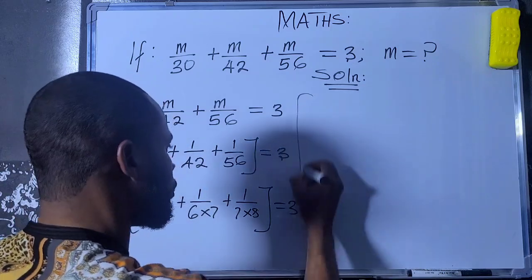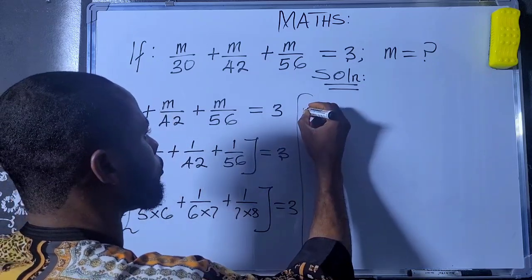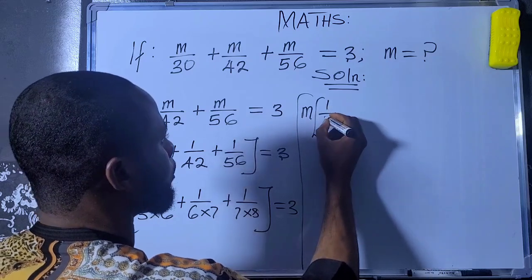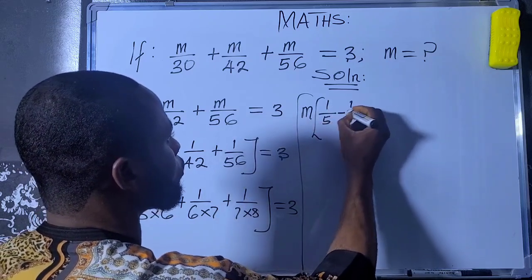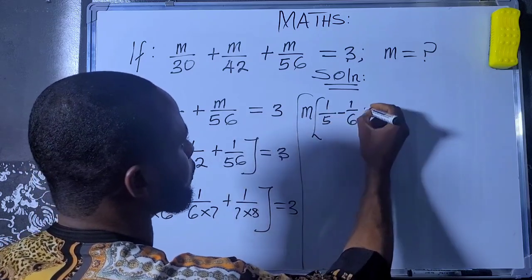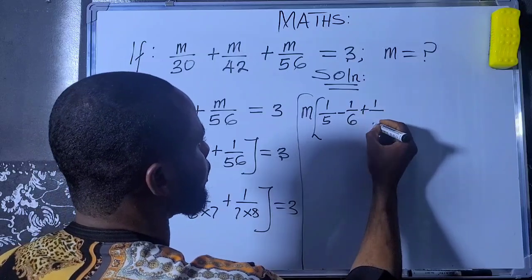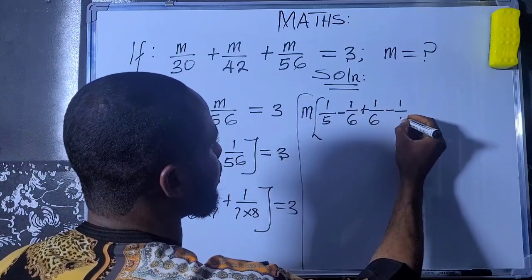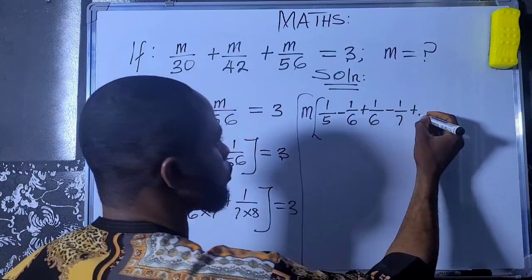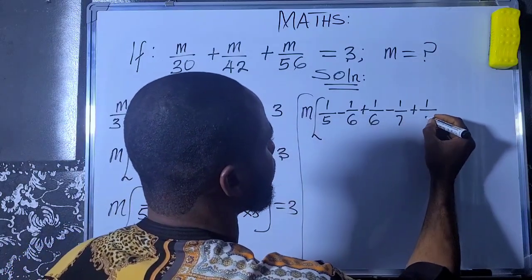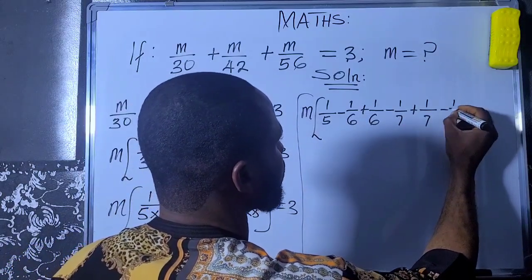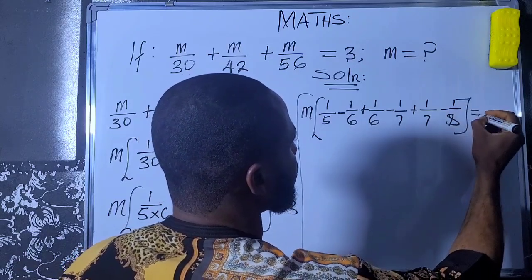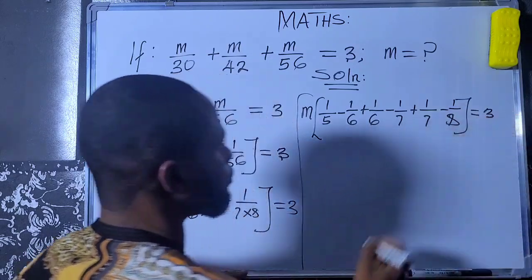And we simplify it further. We have here that m into 1 divided by 5 minus 1 divided by 6 plus 1 divided by 6 minus 1 divided by 7 plus 1 divided by 7 minus 1 divided by 8 equals 3.